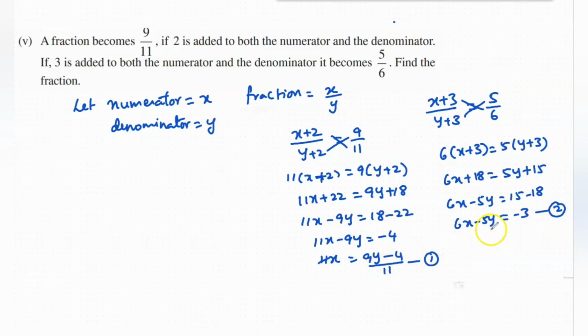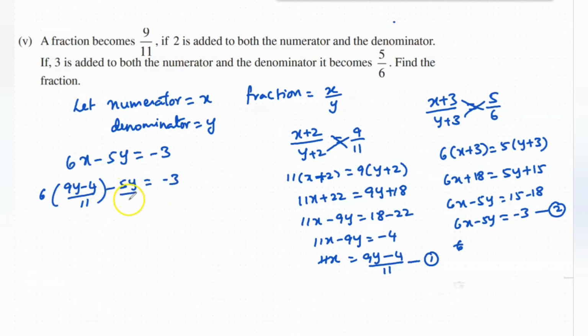Now, putting the X value in the second equation, 6X minus 5Y is equal to minus 3 is our equation. From this, you will put the X value as 6 into 9Y minus 4 by 11 minus 5Y is equal to minus 3.